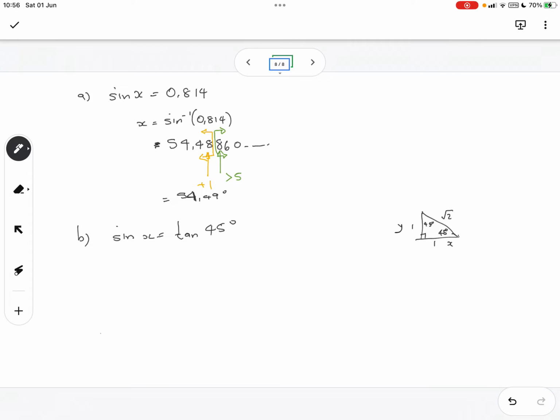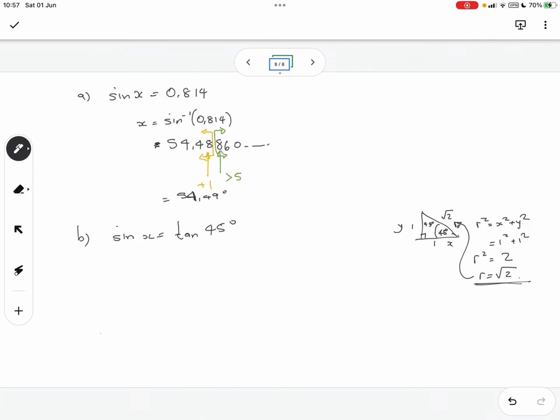So if this is adjacent and that's opposite, if you take Pythagoras, 1 squared plus 1 squared equals 2, and r equals square root of 2. We don't take positive and negative because it's a measurement of a distance, so it's by default positive.